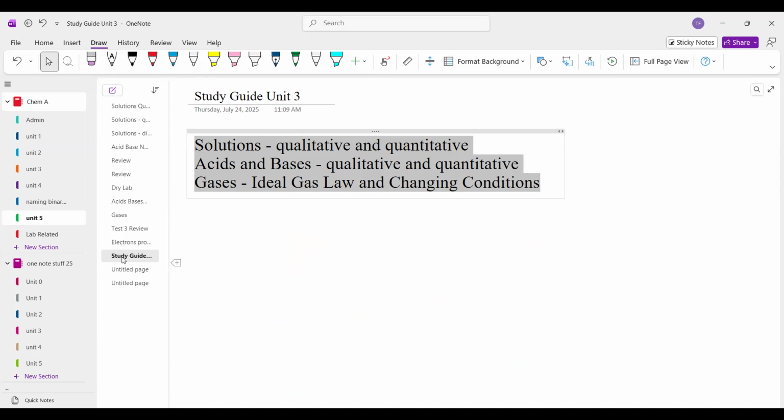This is the study guide for unit 3 I did last week.